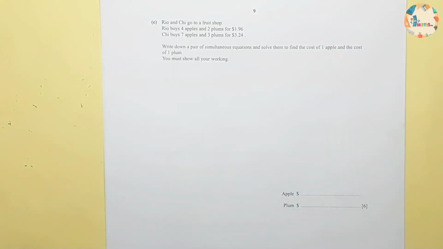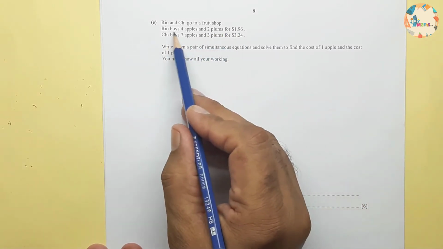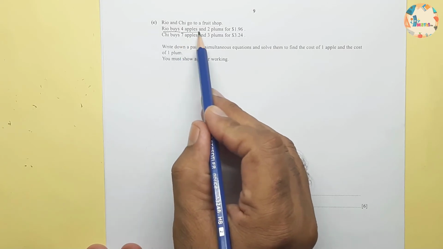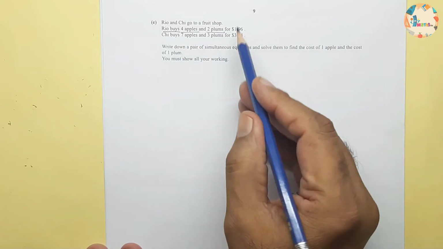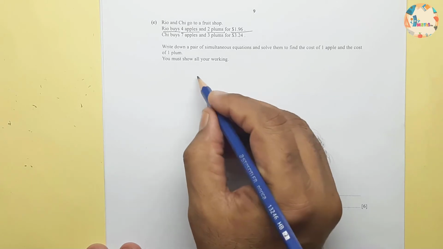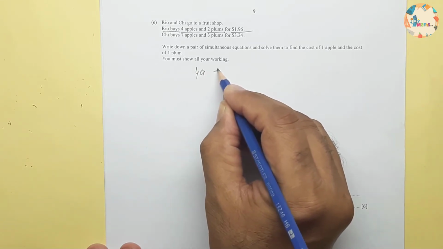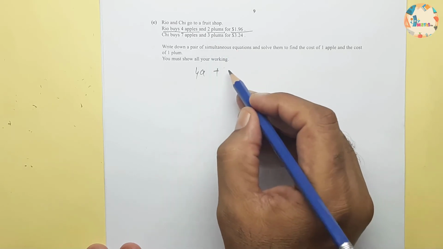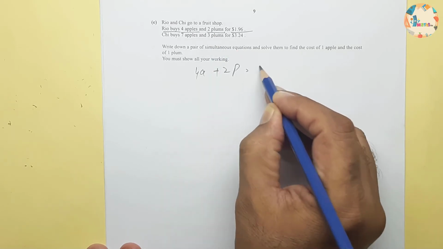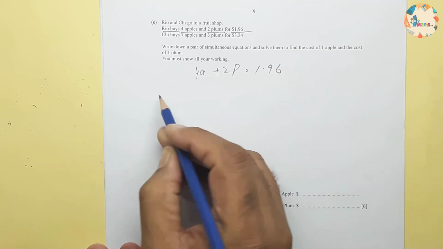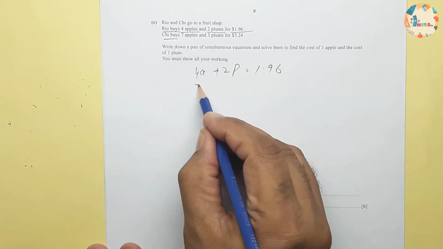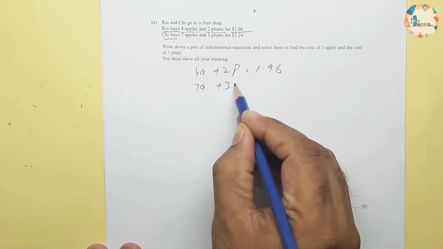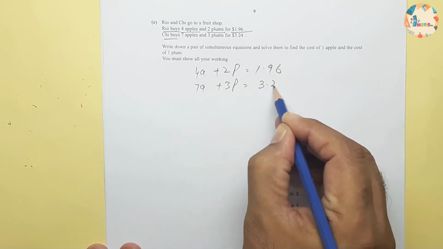Next, C part. Rio and Chai go to a fruit shop. This person buys 4 apples and 2 plums for this one. So our equation will be 4a plus 2p is equal to 1.96, taking a for apple and p for plum. And similarly for the other person, we can take 7a plus 3p is equal to 3.24.